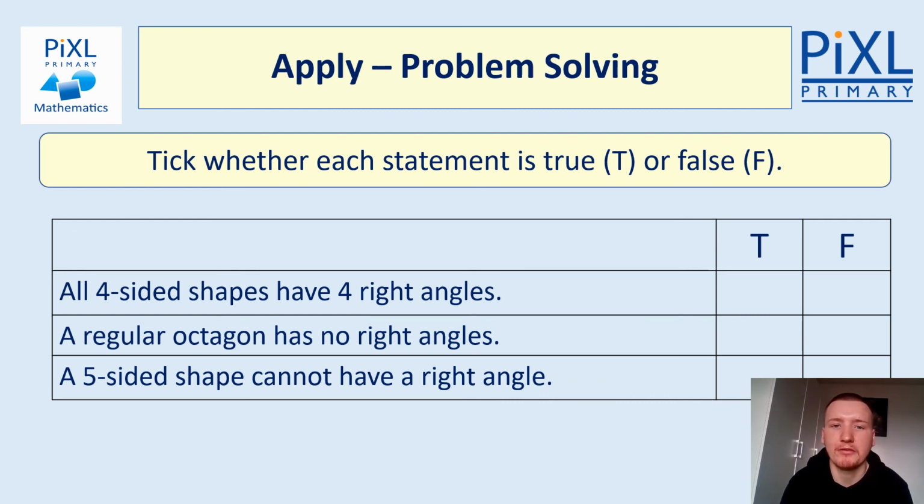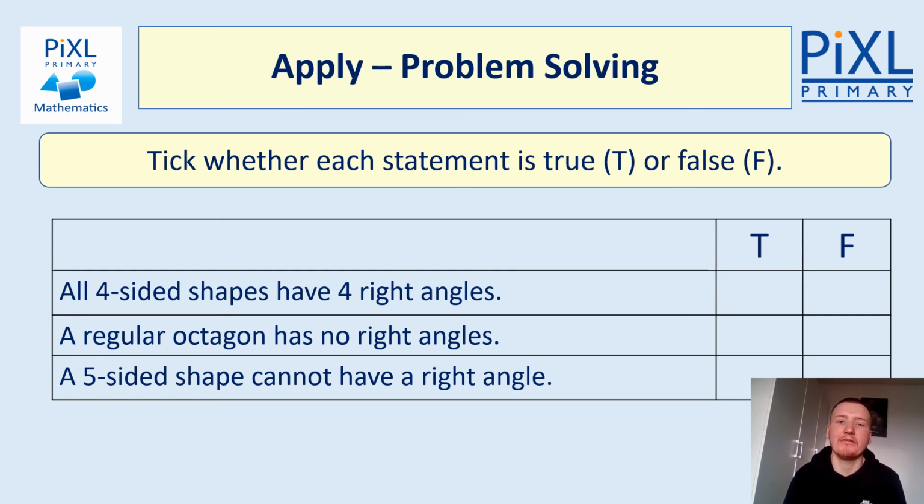Let's just quickly run through the answers now. So, all 4-sided shapes have 4 right angles. We know a square and a rectangle have 4 right angles, but we have other shapes like a trapezium that does not have 4 right angles. So your answer, you should have stood up for false. The next one, a regular octagon has no right angles. Now looking back to our last activity, you will know the answer is true.